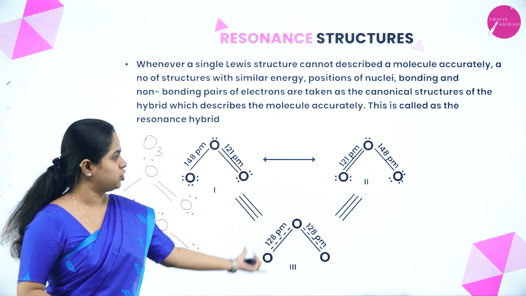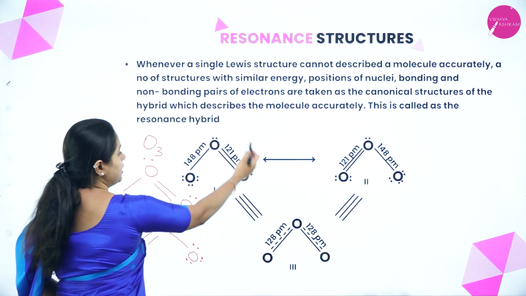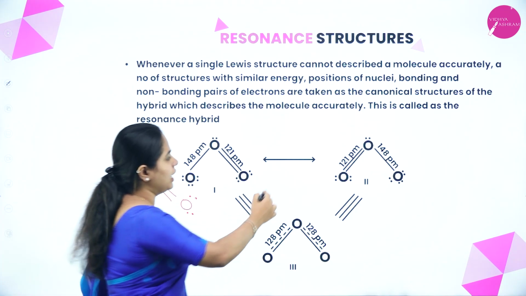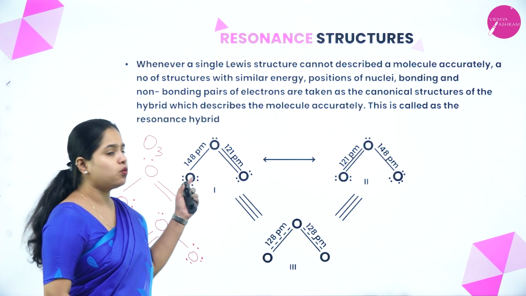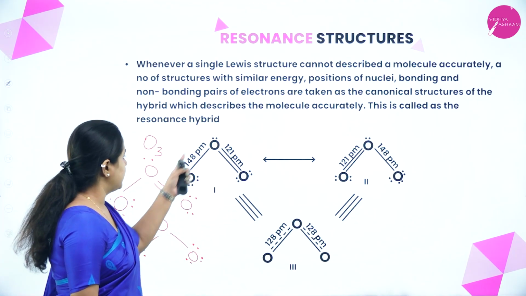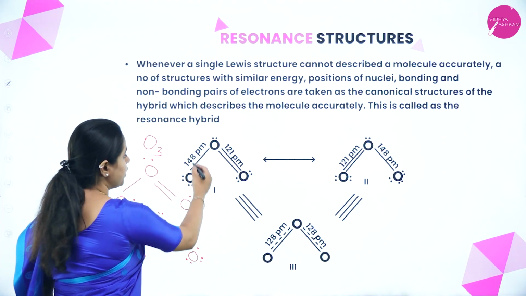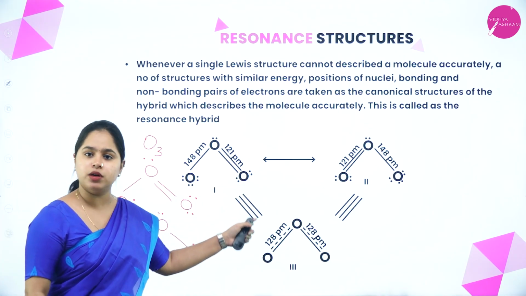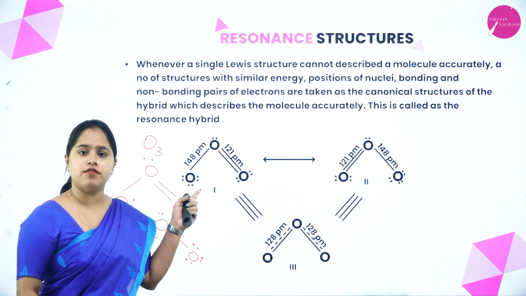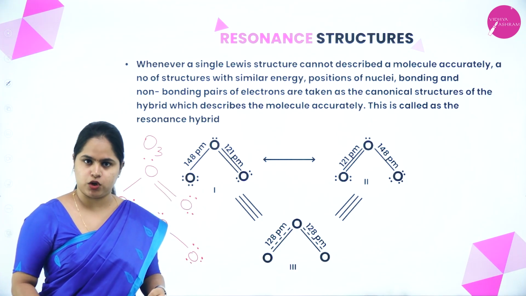So now moving on to the diagram which I have shown here. This is one representation and this is another representation. What you have to understand here is that in the first structure, the double bond has a bond length of 121 picometer and the single bond has a bond length of 148 picometer, right?